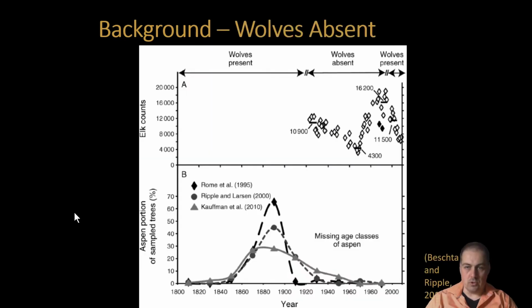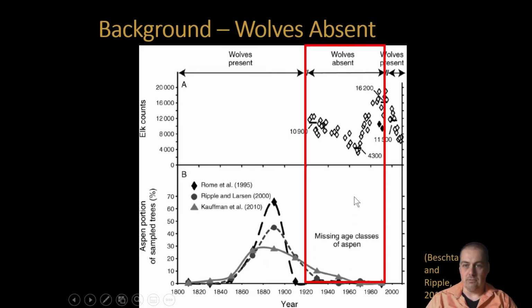So I'm going to show you some data, what the elk and aspen counts were like when wolves were absent. In this graph, up here is the number of elk, and down here is the number of aspen. So we're specifically going to focus on this area.